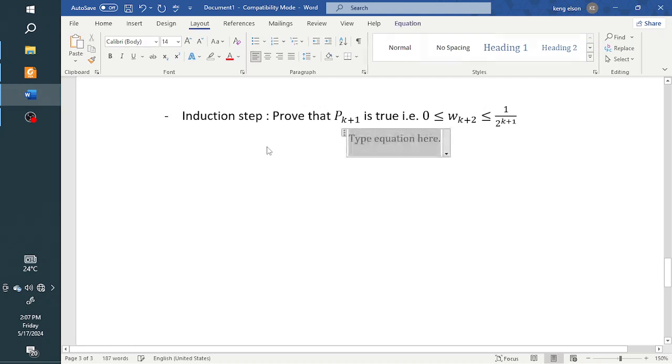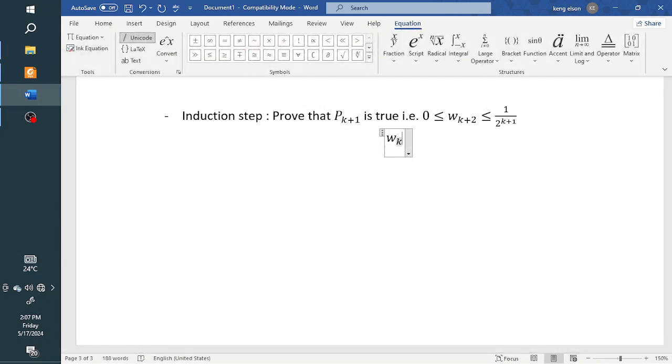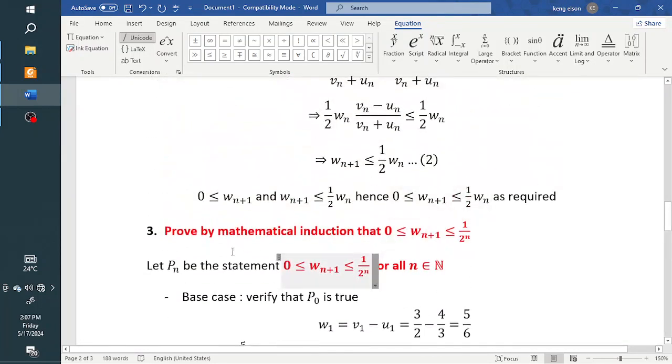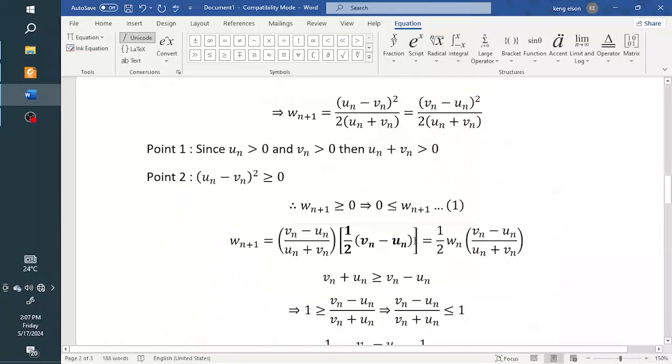Alright, so w_{k+2} is equal to v_{k+2} minus... or let's see what we can do here to get what we have. Anyway, I think we have to use our previous knowledge.